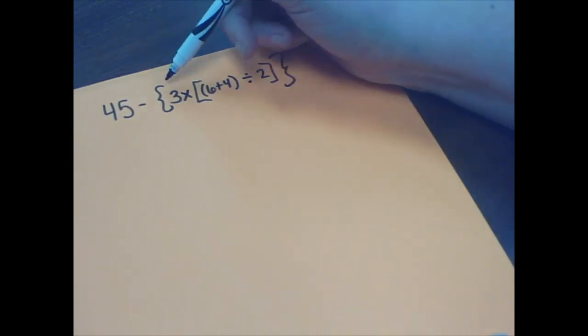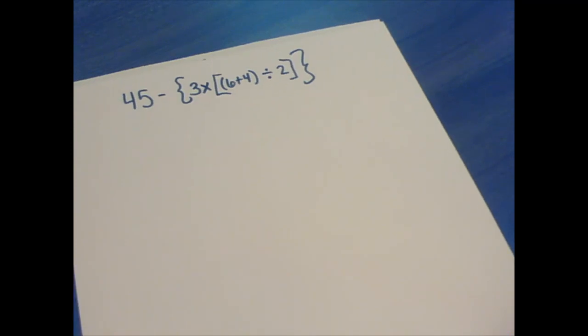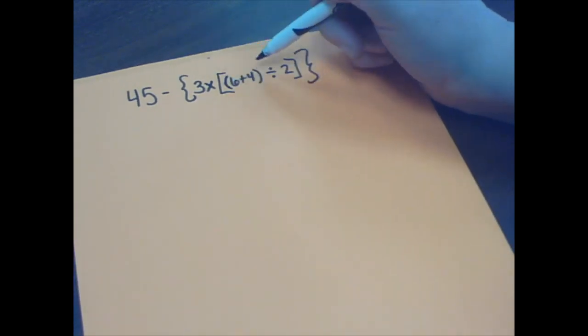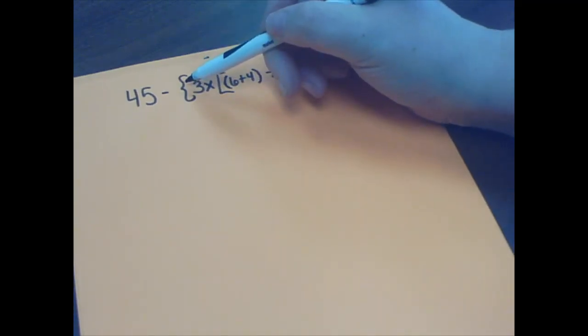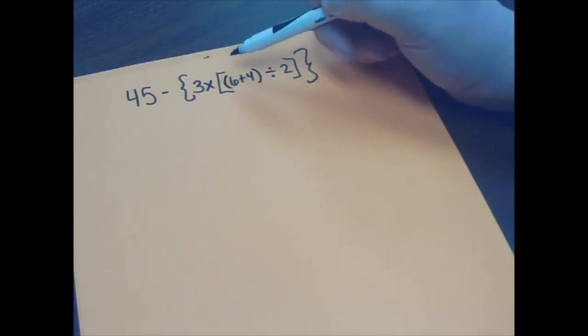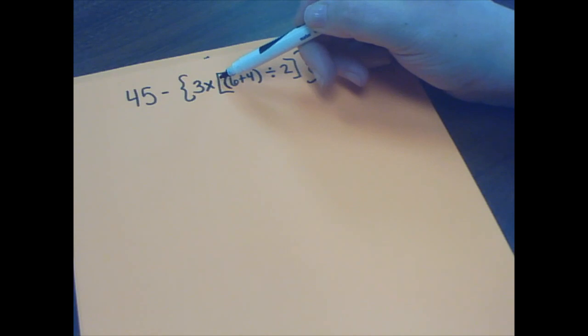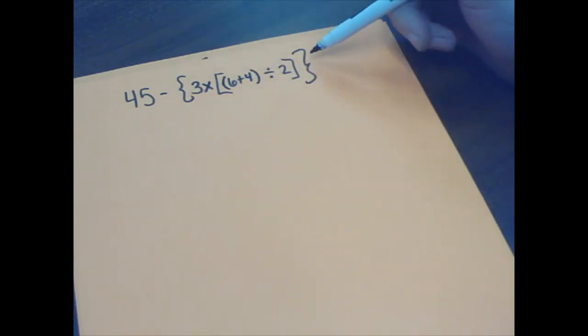We've got some different symbols that we haven't seen before. But we do know that we have parentheses. We've seen those. This symbol right here is called a brace, a brace and a brace. This symbol right here is a bracket and a bracket. And these are parentheses.